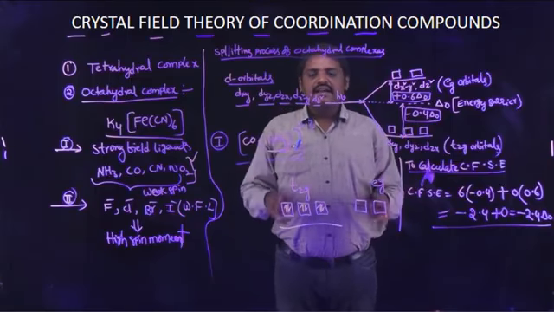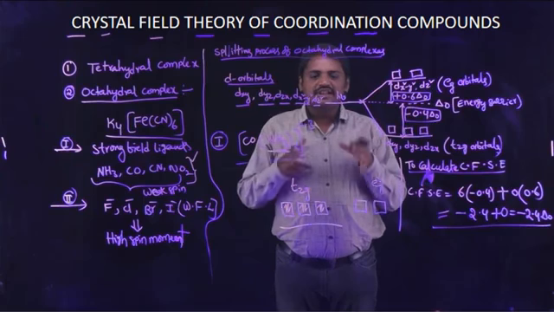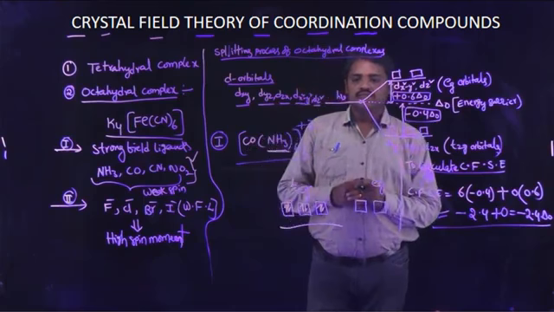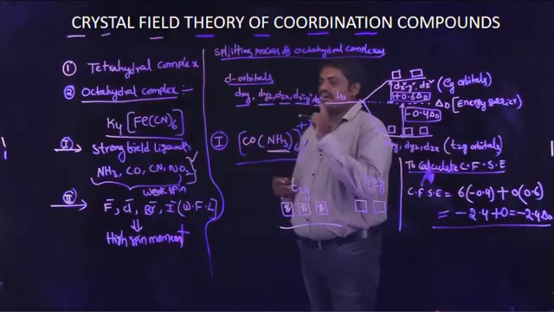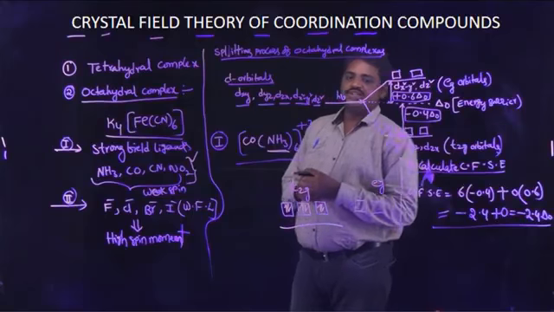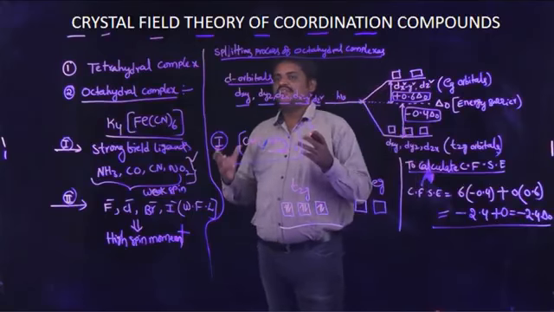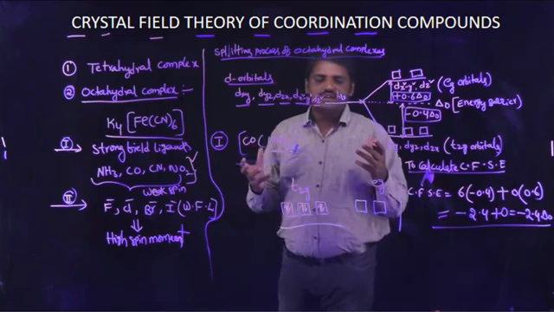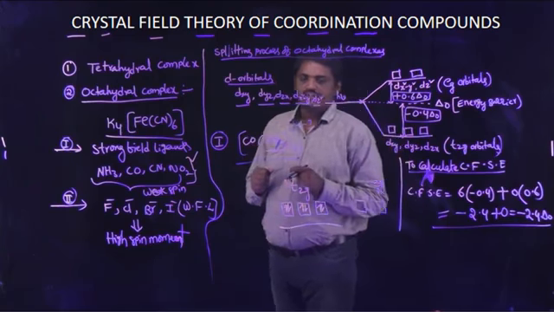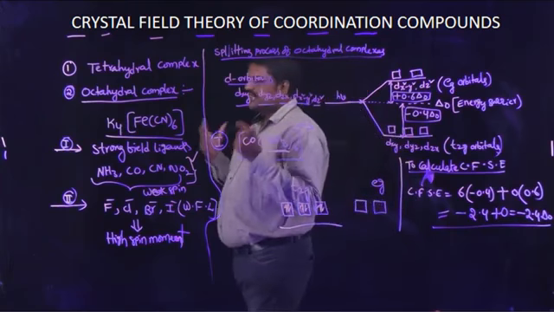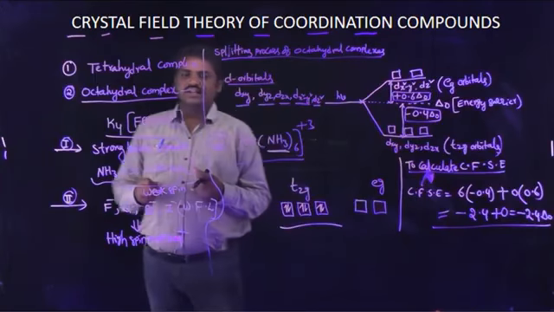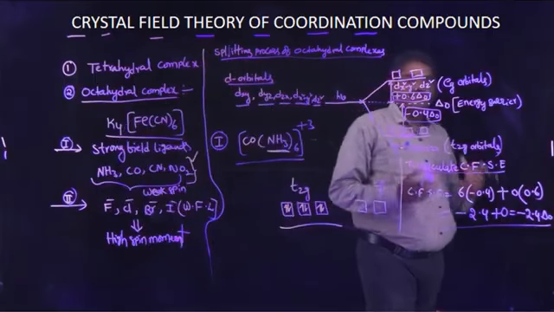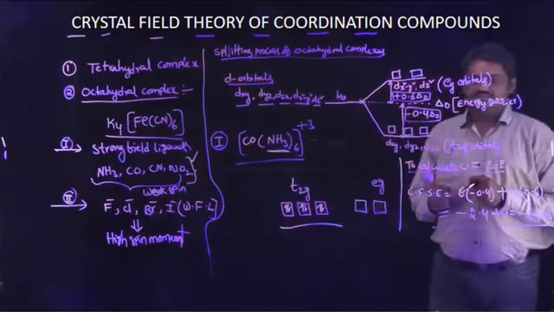Okay, once again, let us recall these points. Today I am going to discuss crystal field theory of coordination compounds. Students, what is the importance of crystal field theory? Crystal field theory explains the colored property of coordination compounds.